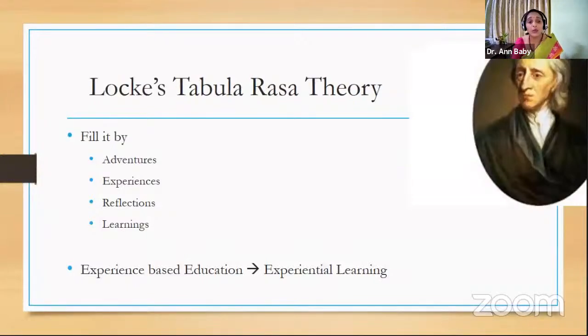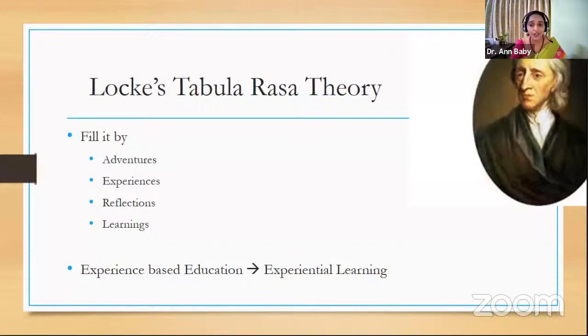And then later, in the 16th, 17th century, we had John Locke, who came out with the tabula rasa theory. Tabula, as you all know, means a slate or a board. The tabula rasa theory states that every person's mind is an empty blank slate.